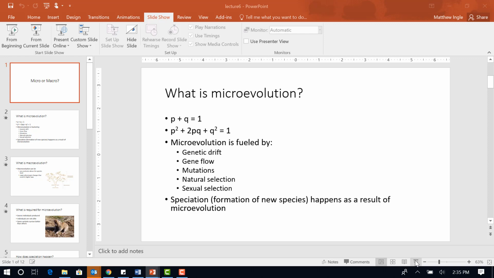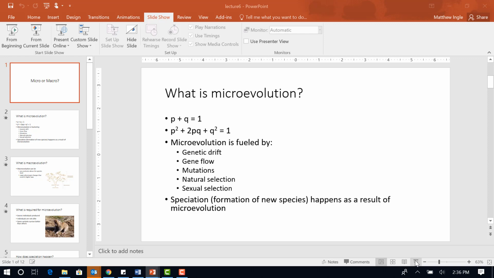Natural selection is probably the most famous of the microevolutionary forces, although there's quite a bit of debate about how powerful this force actually is. The idea is that if one of these alleles is favored, that is, an individual with that allele has increased survival or reproductive capacity, then the allele frequencies in that population are going to shift towards that successful allele.